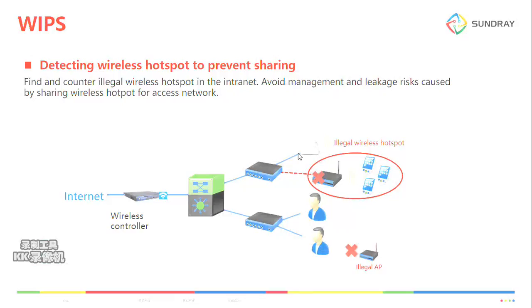So Sundray can detect and counter this kind of illegal SSID with the same SSID name or with a similar SSID name. So this is what we can do for preventing phishing SSIDs. Also, in enterprises, because they care about security, their employees may have portable Wi-Fi devices, so they can connect to laptops to share the wired network.